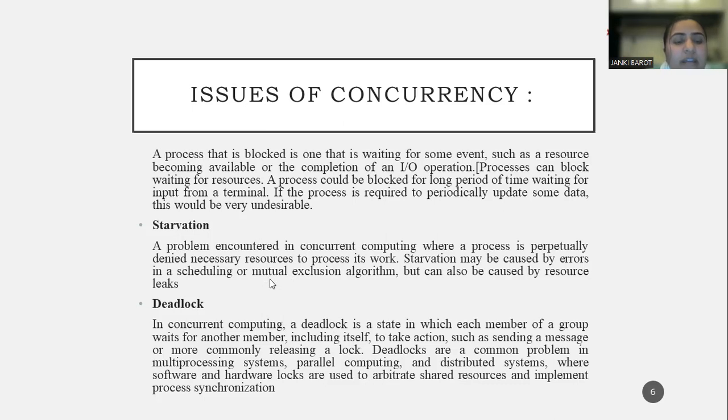They won't be able to access any resources for infinite time. Deadlock is a state in which each process waits for each other. This is called deadlock.